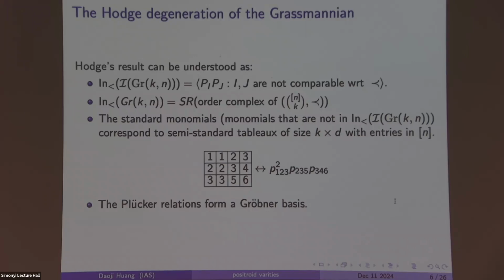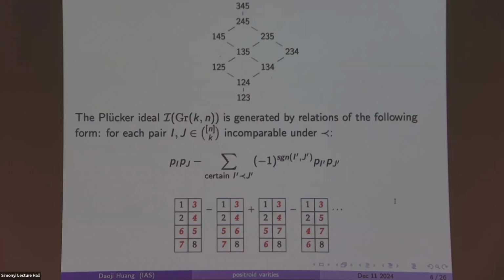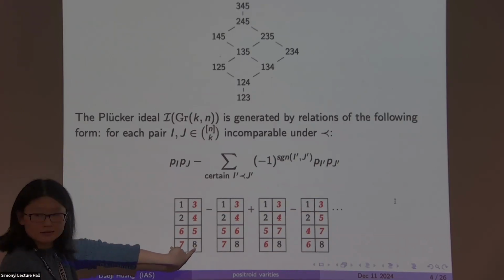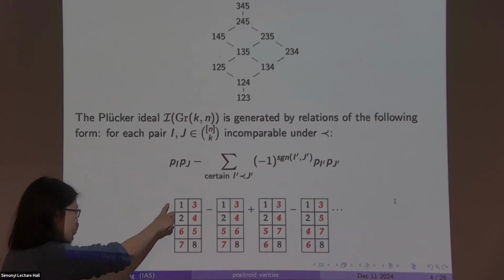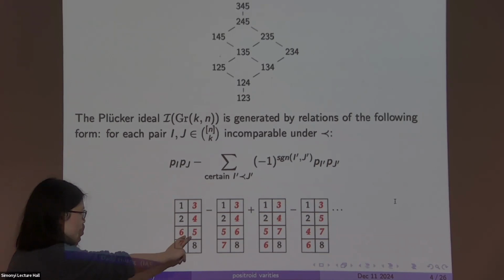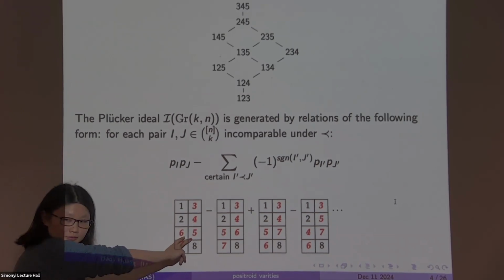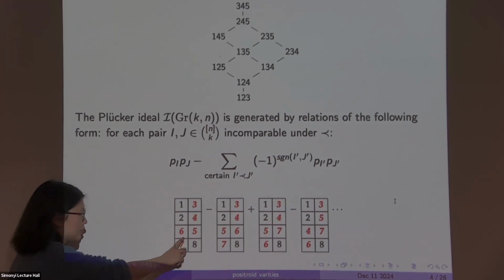Can you tell us one more time what the Plucker relations are? Yeah, so you write down an incomparable pair. You look for the first place where the two numbers are incomparable, and that will define a red strip.